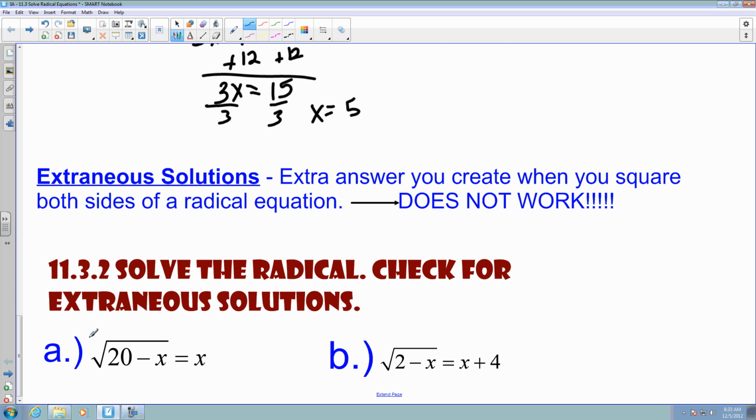What I mean is if you find yourself having a negative number in the square root, then it cannot be a solution. The only way it works out is if the result inside of the square root is a positive number. So let's take a look.